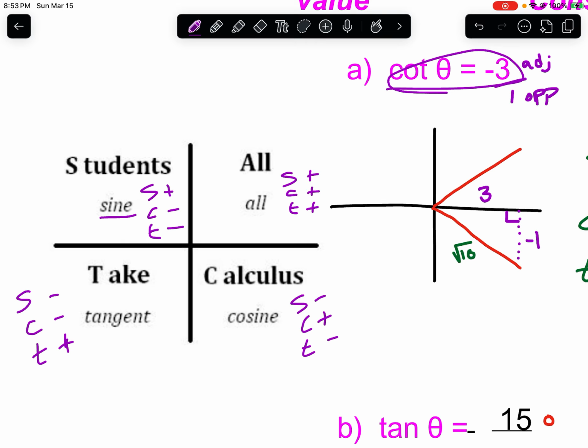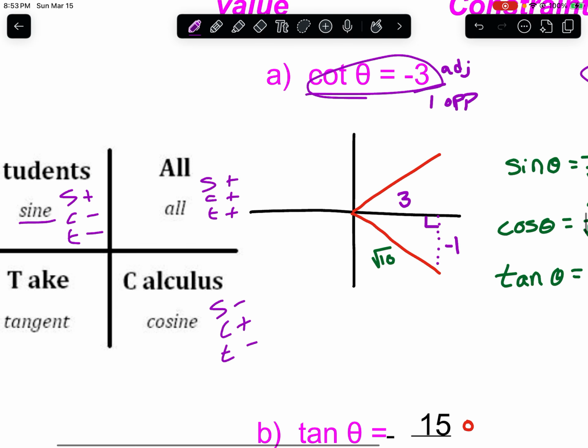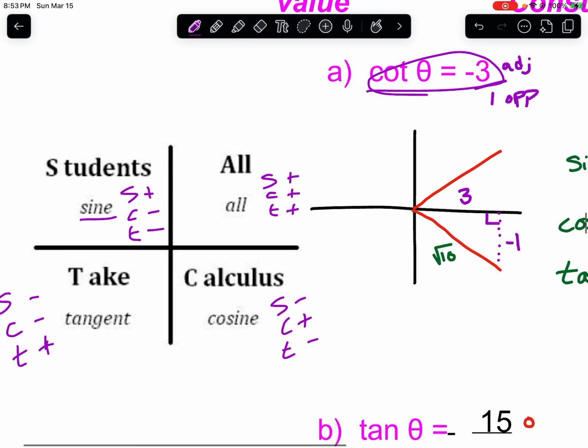Okay, long story short, how that's going to relate to our problem here: if we're given cotangent is a negative, cotangent follows the same positive and negative sign values as tangent.